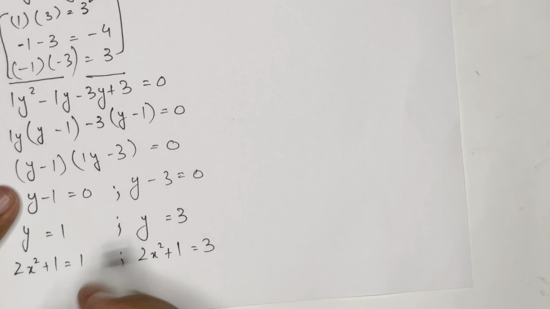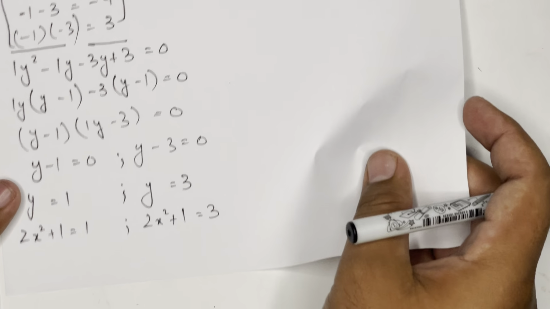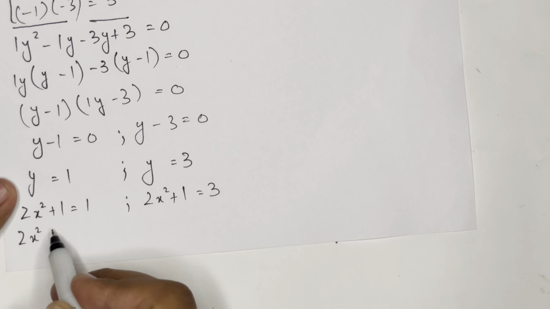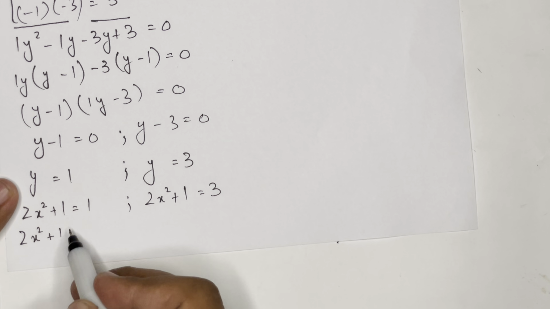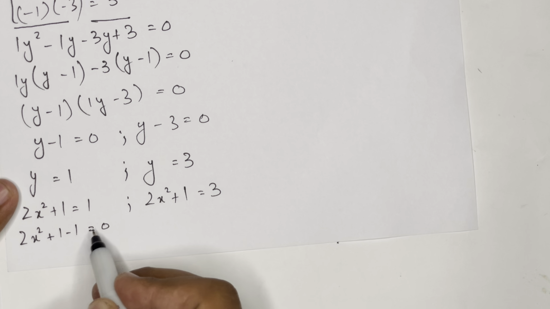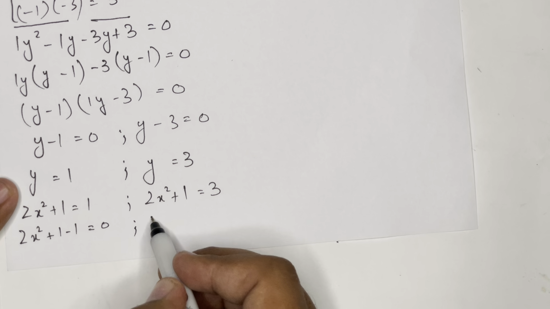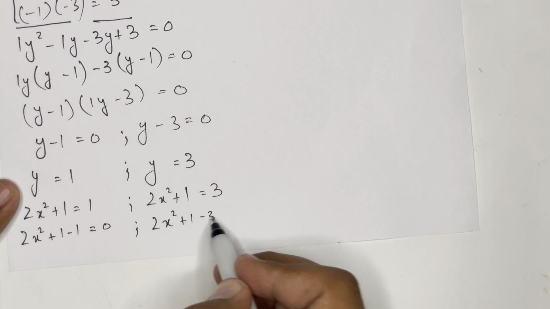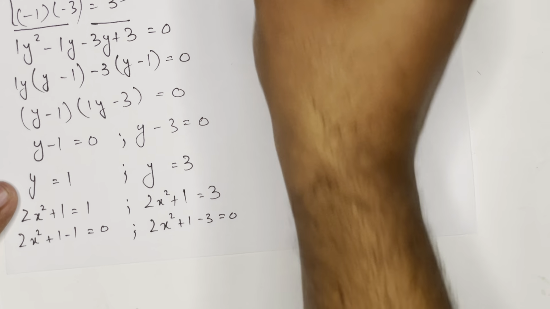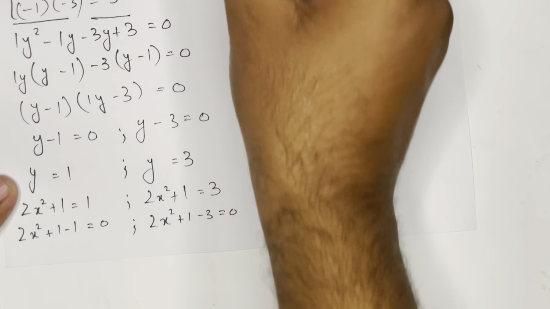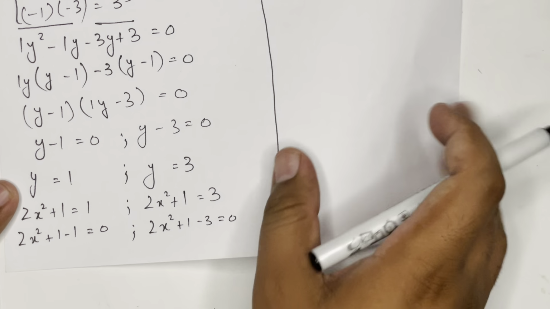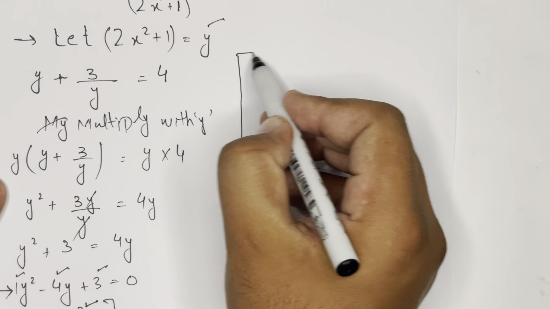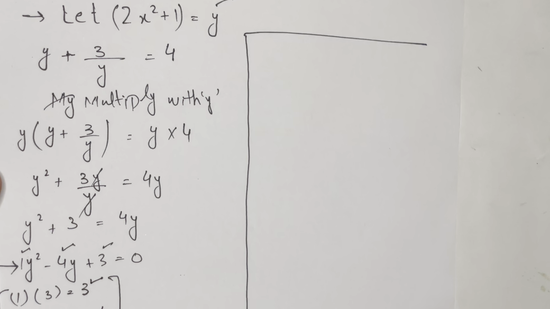Now I can solve this like that. 2x² + 1, and when I shift this term to this side it becomes -1, and on the other side 2x² + 1, and when I shift this it becomes -3.